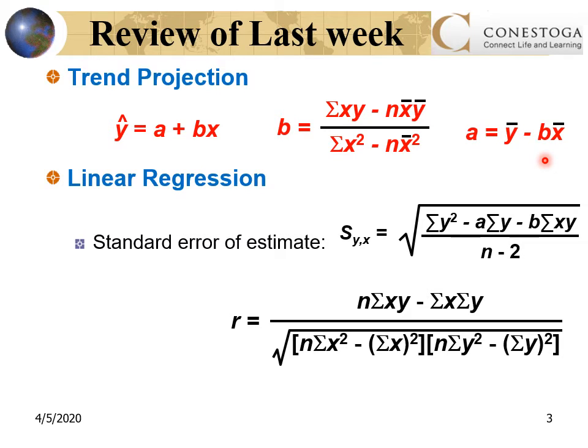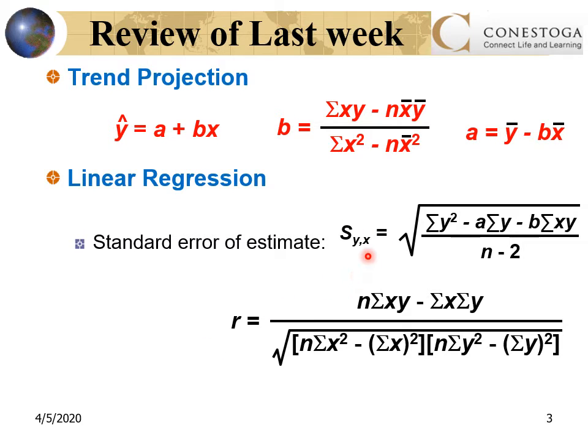So please remember that we are discussing only linear trend lines. And the second thing we discussed last time was linear regression. The linear regression calculation is exactly the same as the trend projection calculation. In linear regression, in addition to finding the equation of the regression line, we looked at two different aspects.